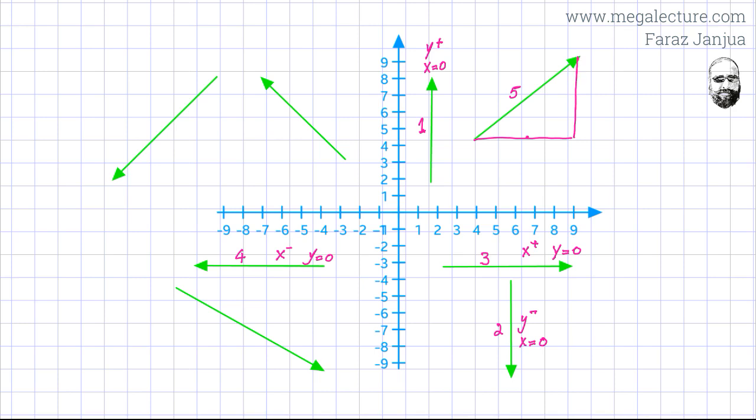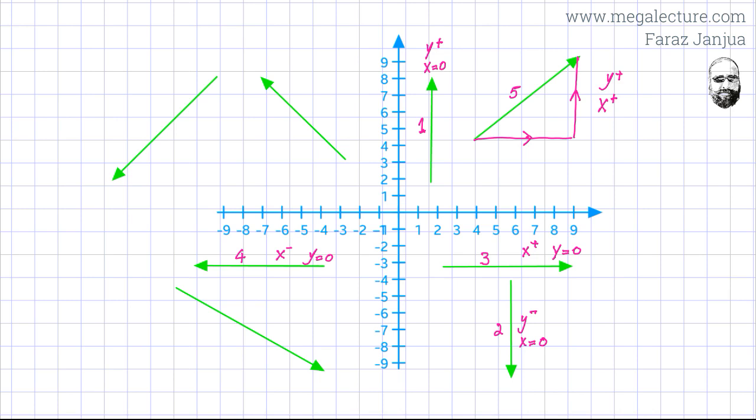What should be the arrow over here, towards right or towards left? As you can see, the original vector is tending to the right and up, so its horizontal component should be towards right and vertical component should be up. So it will have a y component which will be positive, and an x component which will be positive.